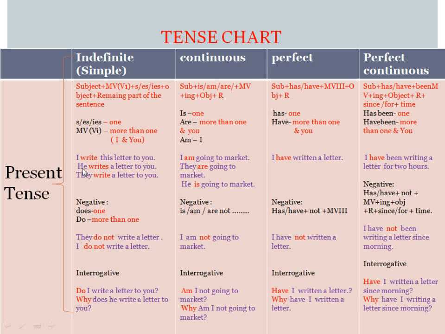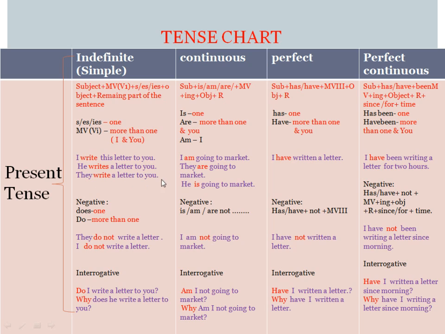In the second, he writes a letter to you. Here, writes is a verb and we use S here according to the rules. So this also shows the verb indicates the tense belongs to present indefinite tense.